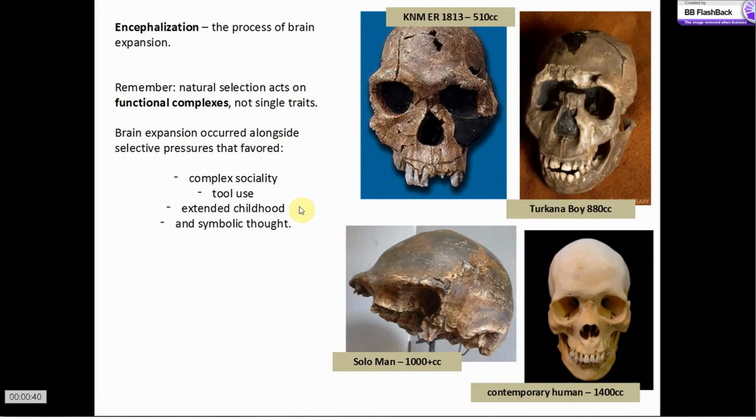It occurred alongside an extended childhood because, well, that's really what that extended childhood is there for, not to program necessarily, but to gear all that neural matter to the world that the child will be living in as an adult, right? And that brain expansion also occurred alongside the expansion of symbolic thought.